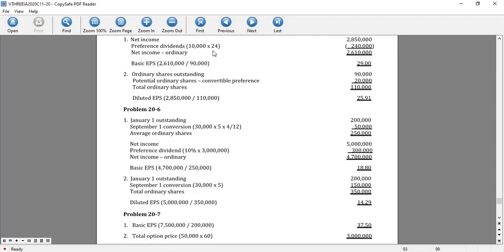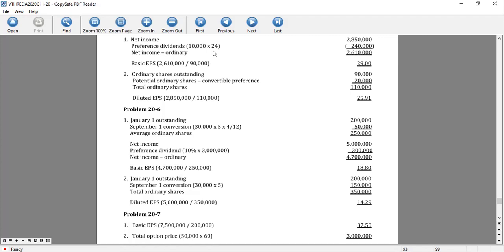But if we have the January 1 computation now of diluted earnings per share, January 1 outstanding, then we add September 1 conversion at the rate of 30,000 times 5. So we get 150,000. Total ordinary shares of 350,000.